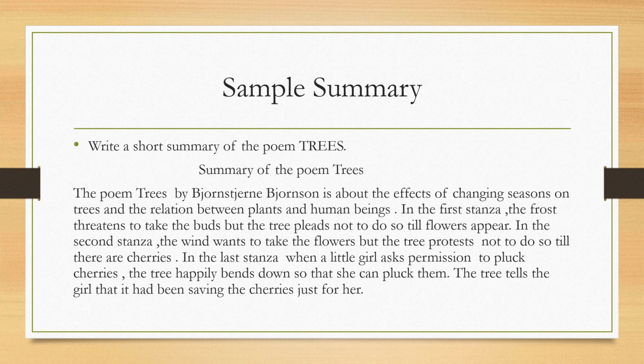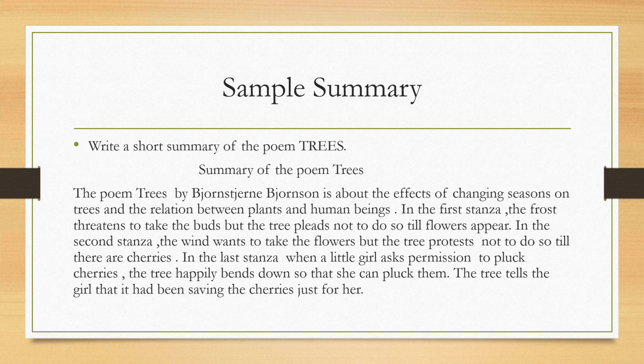Now we take the important points mentioned in each stanza and frame a sentence. In the first stanza, the frost threatens to take the buds, but the tree pleads not to do so till flowers appear. Now, when you are reading it a second time in the first stanza, you should have underlined the word the frost, because here which element of nature is mentioned?